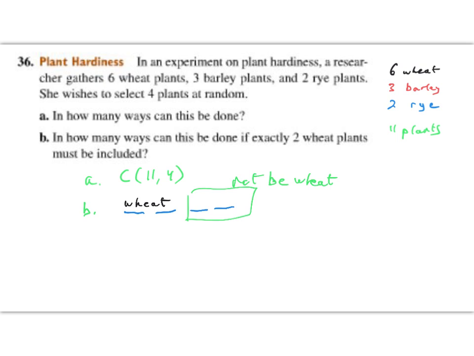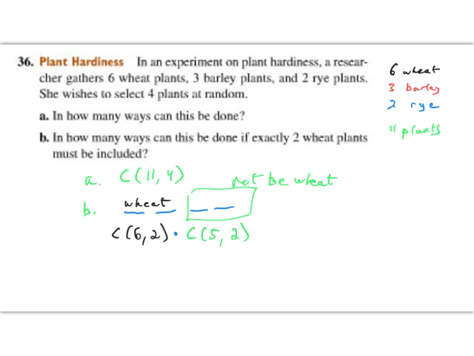So, let's figure out real quick what that's going to be. Combinations of 6 choose 2 for the wheat plants. Now, this is where things get a little bit interesting, because how many plants are there that aren't wheat? Well, there's 3 barley and 2 rye, so that's a total of 5. And I'm going to pick any 2 of those.